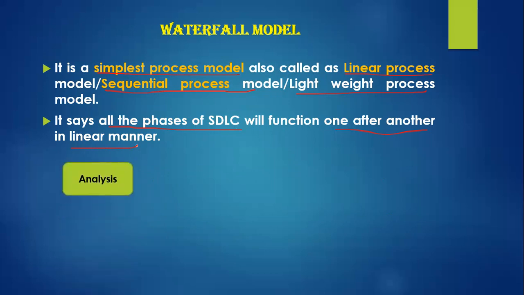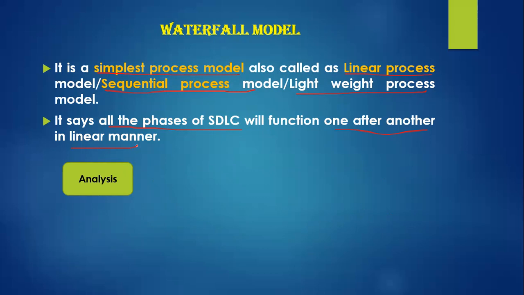The waterfall model has the first phase, the analysis phase. In this phase, all the requirements to develop the product will be identified from the customers or different stakeholders. The waterfall model specifically says all the requirements, meaning 100% of requirements, will be identified in this phase.